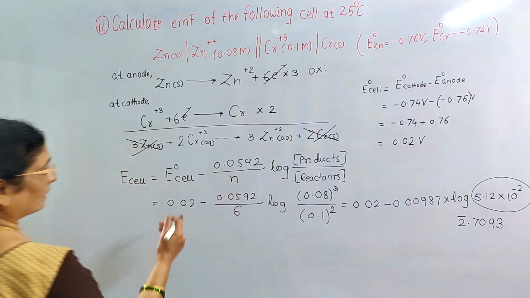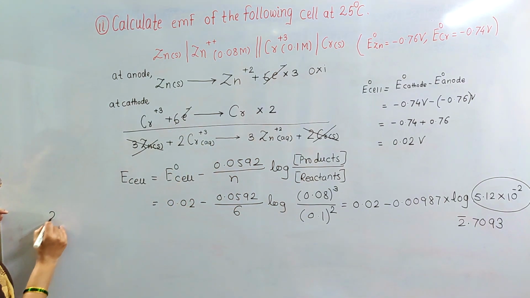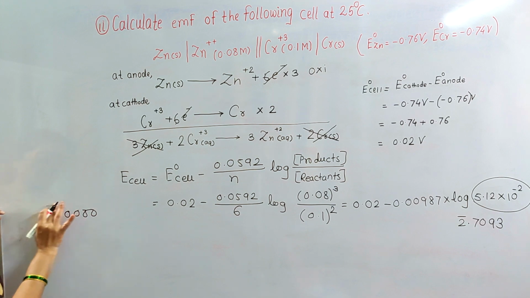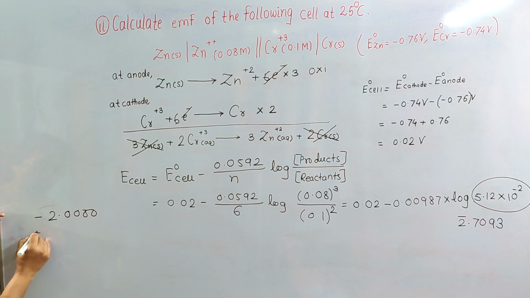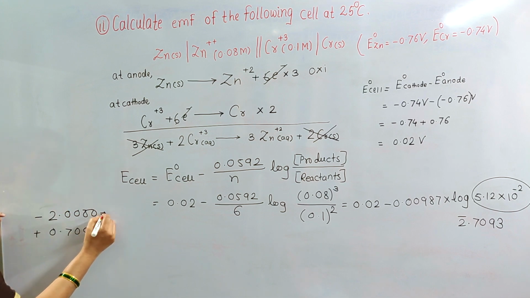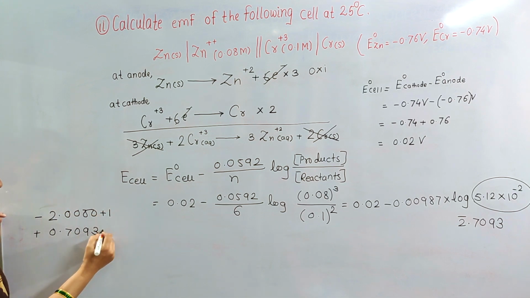Again we have to convert this term into a whole negative number, that is minus 2.000. This minus is applicable here and it is plus 0.7093. What you have to do here, we have to add plus 1 here and add minus 1 here.